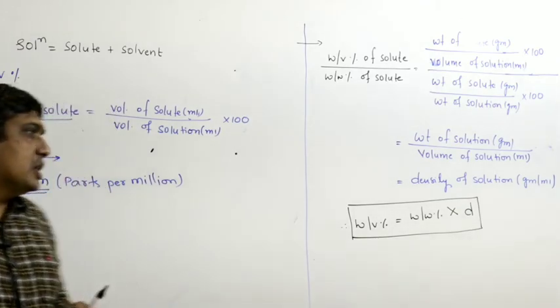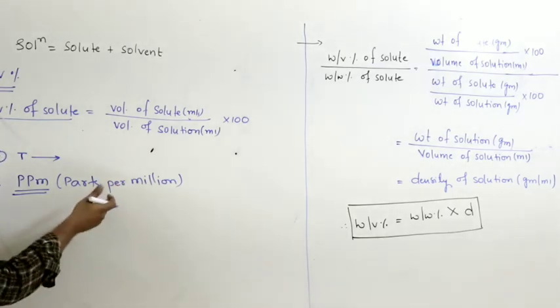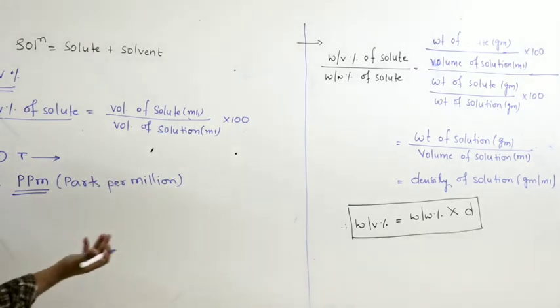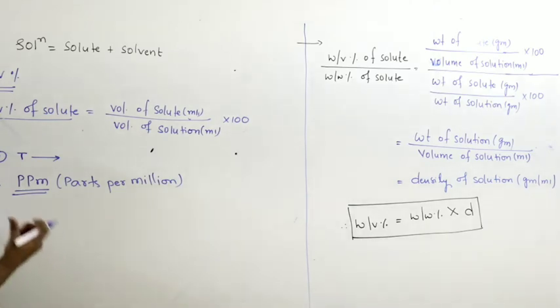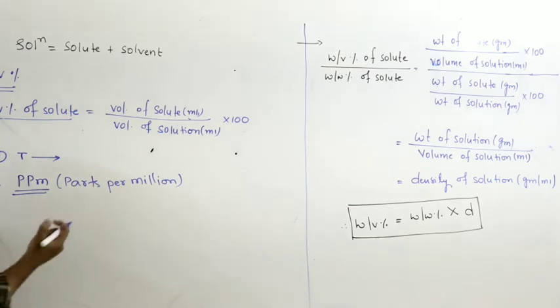As the name indicates, it is a part in a million. Million means 10 power 6, same as weight by weight percentage. Instead of 100, here we multiply with 10 power 6 to make the number significant. If you generally take weight by weight percentage, the number is very small, appears insignificant, but when you multiply with 10 power 6, the number appears significant.